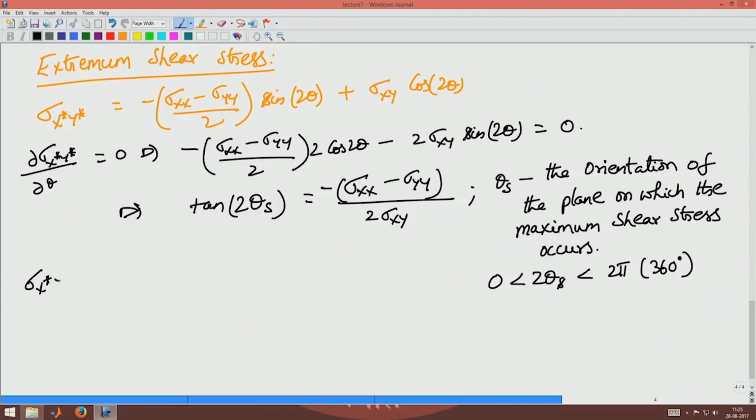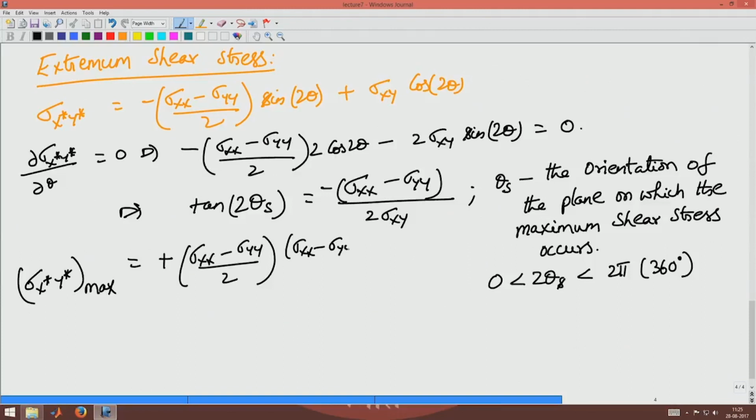Sigma x star y star maximum would be minus sigma xx minus sigma yy by 2 into sin 2 theta, which would be minus sigma xx minus sigma yy by 2 in the denominator you will have sigma xx minus sigma yy by 2 the whole square plus sigma xy the whole square, right.